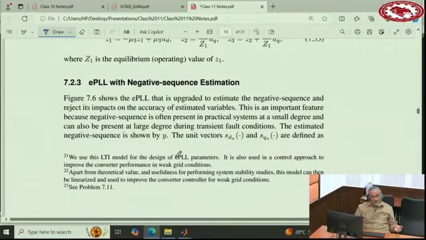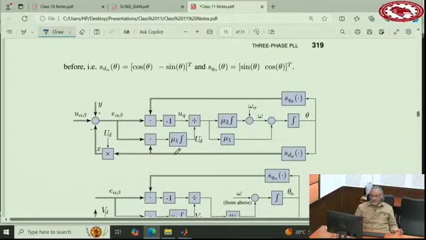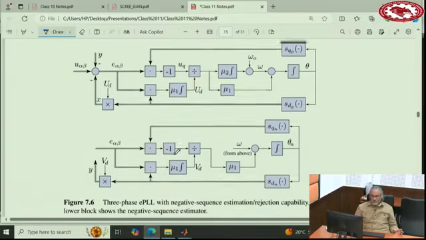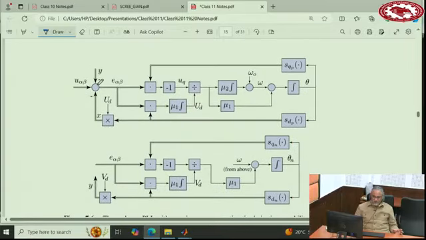Now let's move to the case that we have a negative sequence. If we have a negative sequence, now you see the benefit of having this summation here. I will add another component here. That component comes from this block.